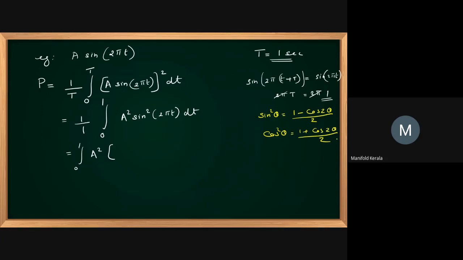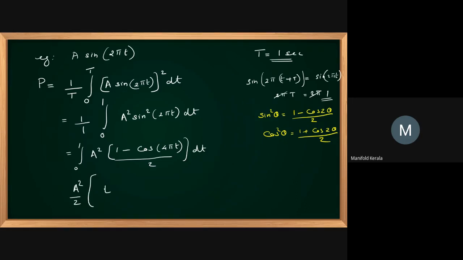If I apply that property, I can write this as 1 minus cos 4 pi t whole divided by 2, dt, right? So A square by 2 can be taken out, and what is left is 1 minus cos 4 pi t.